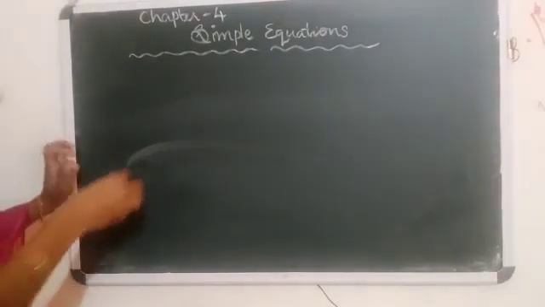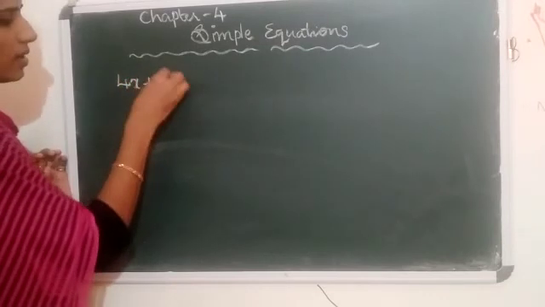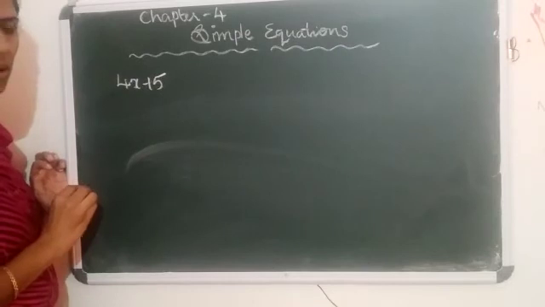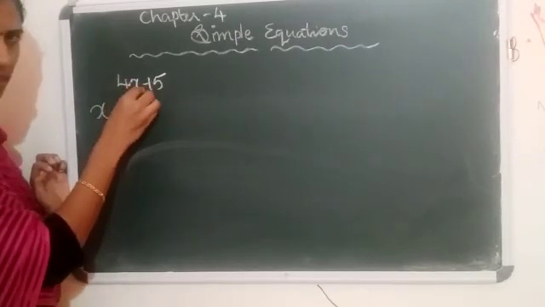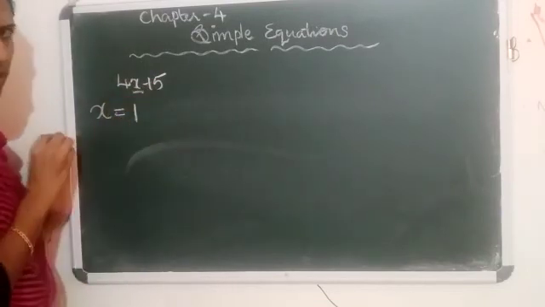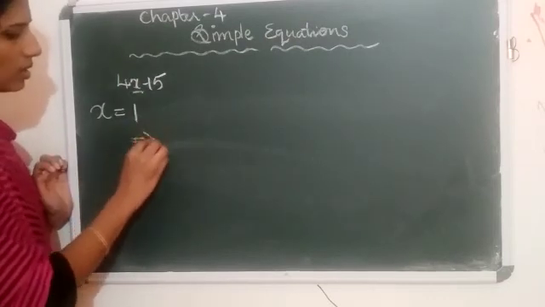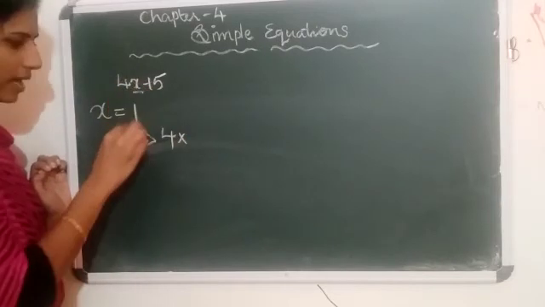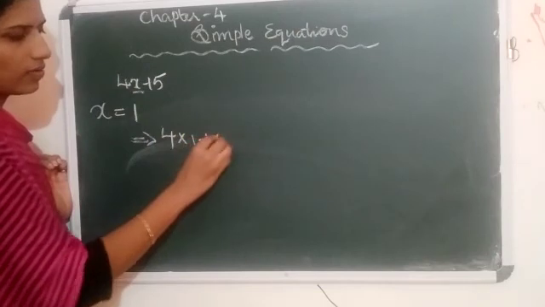Now see, 4x plus 5 is called an expression, and x is called the variable of the expression. When the value of x is equal to 1, instead of x we can apply the value of x, that is 1: 4 into 1 plus 5.